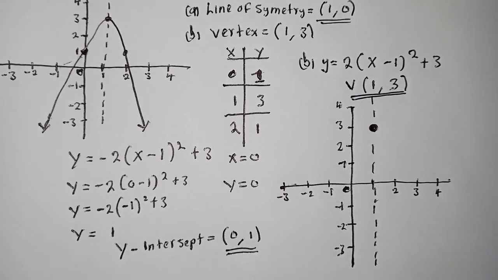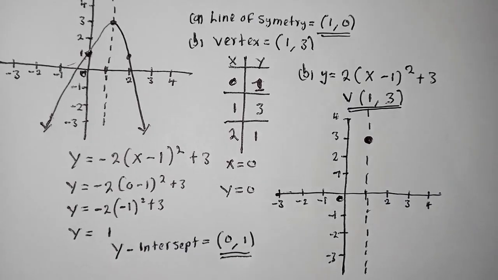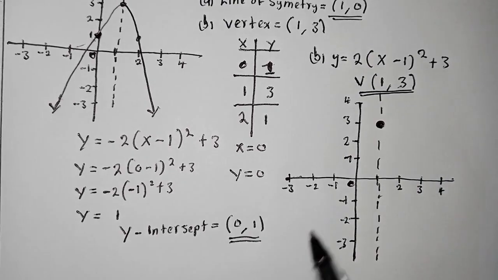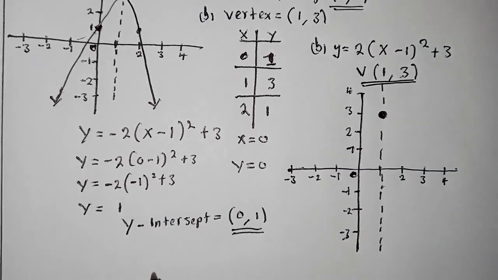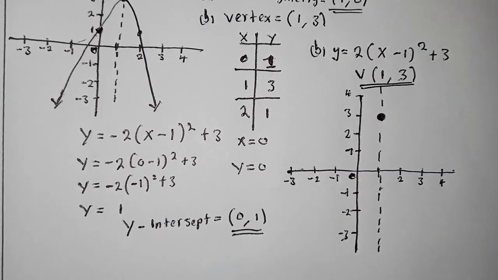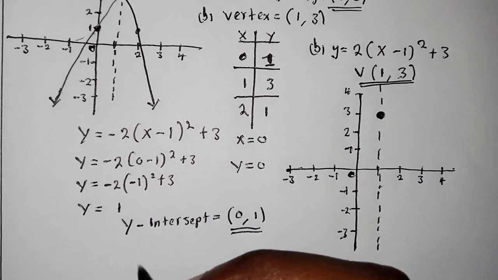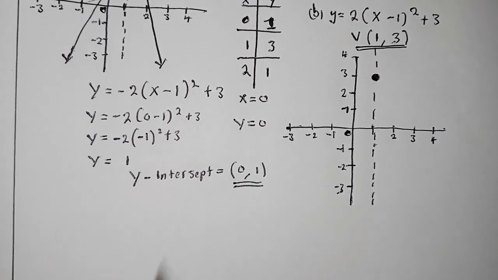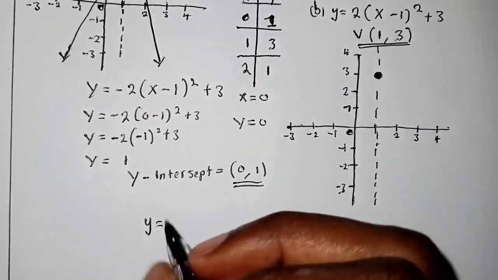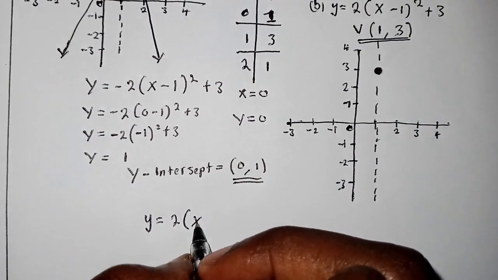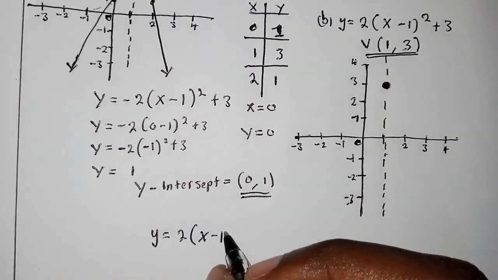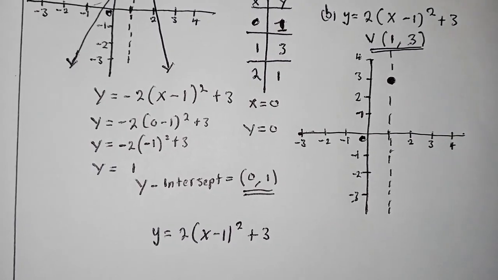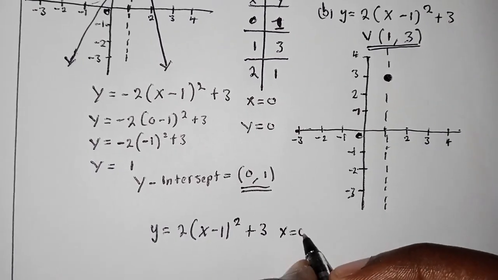From here, you get that equation, then you find your y-intercept. Since we have y is equal to 2(x minus 1) plus 3, we can make x equal to 0 to find the y-intercept.